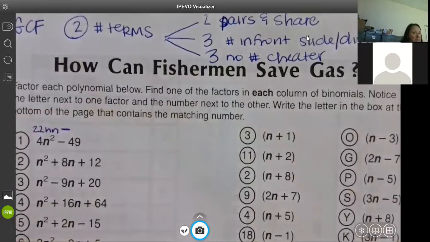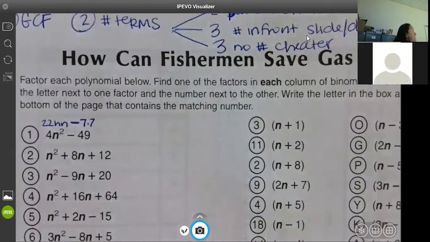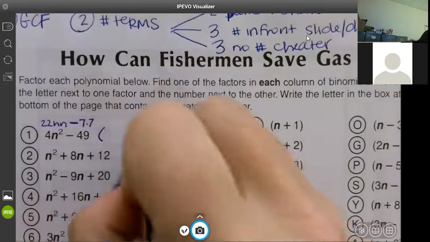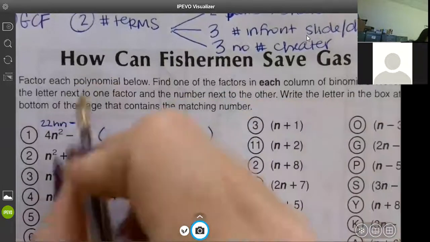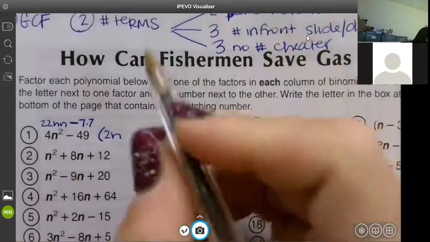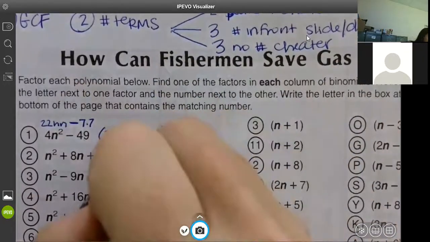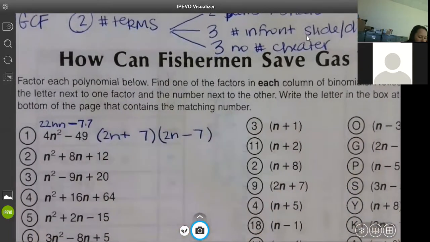It's got to be a minus. 49 is 7 and 7. Are they pairs? Yes. So in the very beginning, write 2 sets of parentheses. In the very beginning, we're going to share the 2 and the n. And in the back, we're going to share the 7. And then remember, one is positive, one is negative.